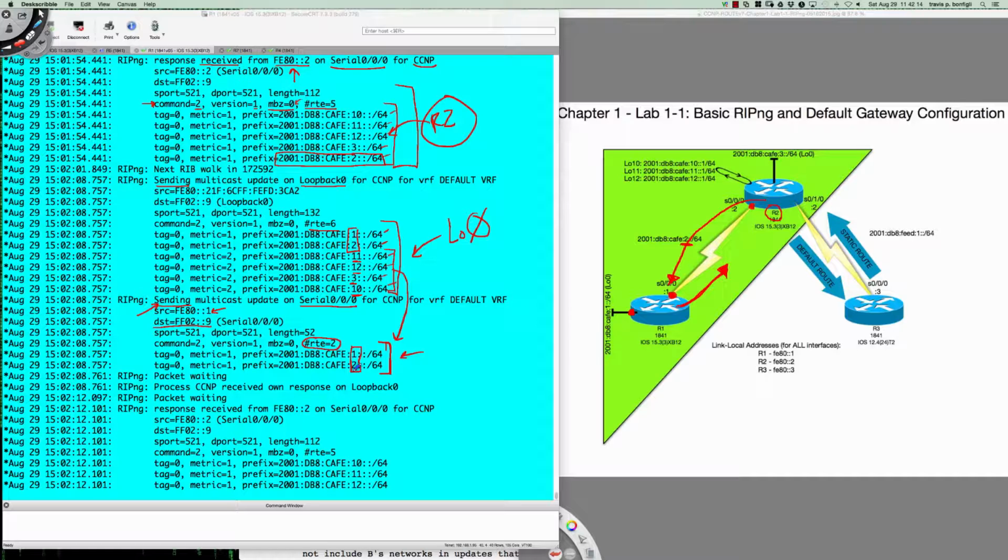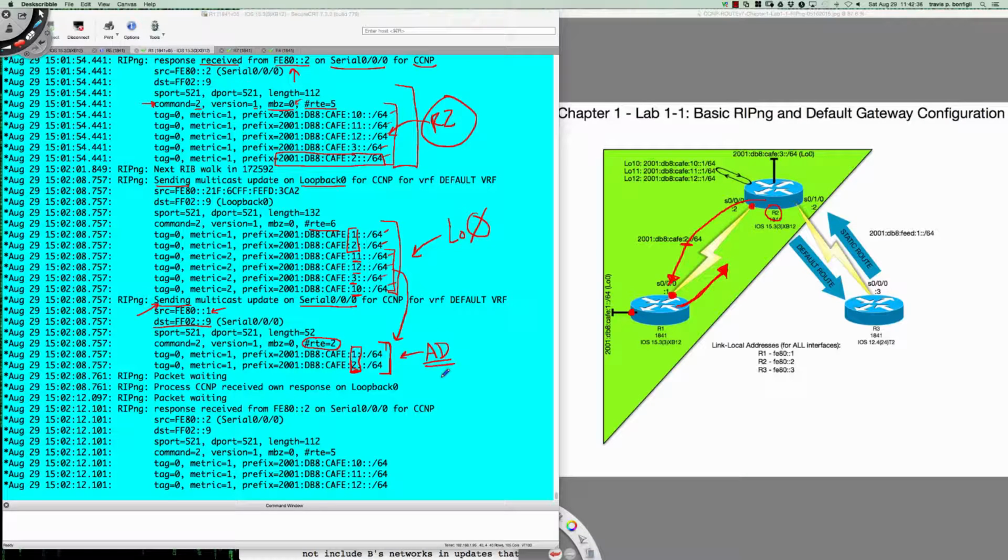So you're probably asking yourselves, well, wait a second, Travis. You just told me that poison reverse states that if I receive it in an advertisement on a specific interface from a neighboring router, that I can't advertise it back out, but yet here it is being advertised back out. Well, remember, this is going to be all about administrative distance.